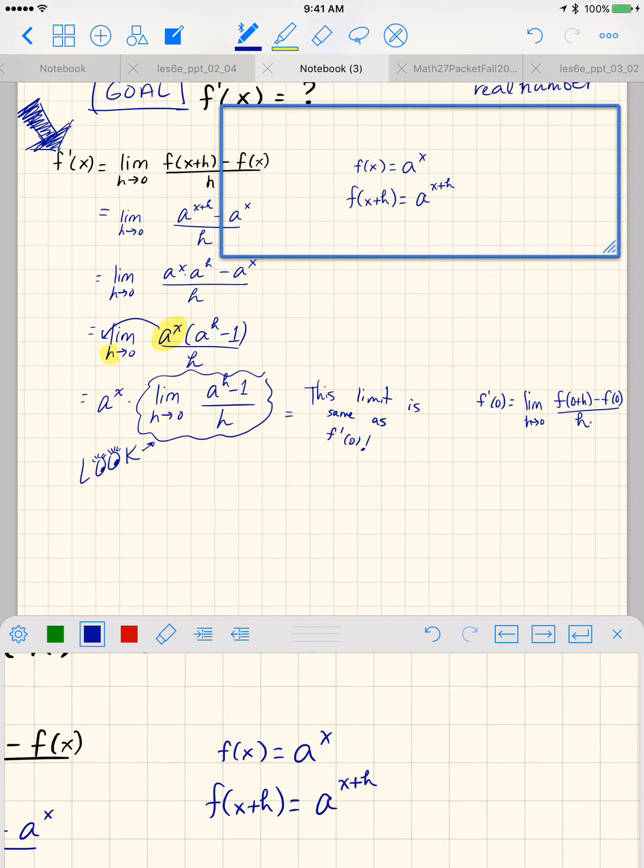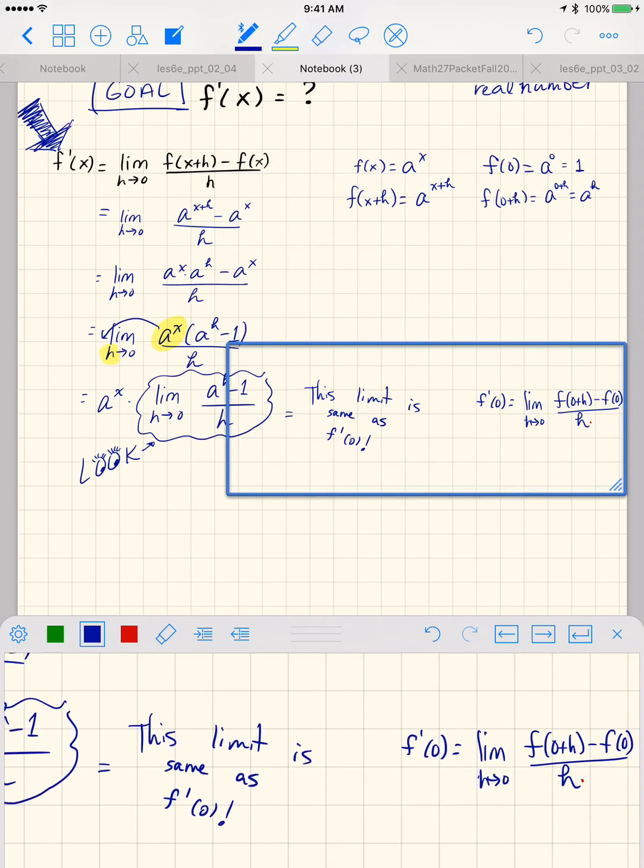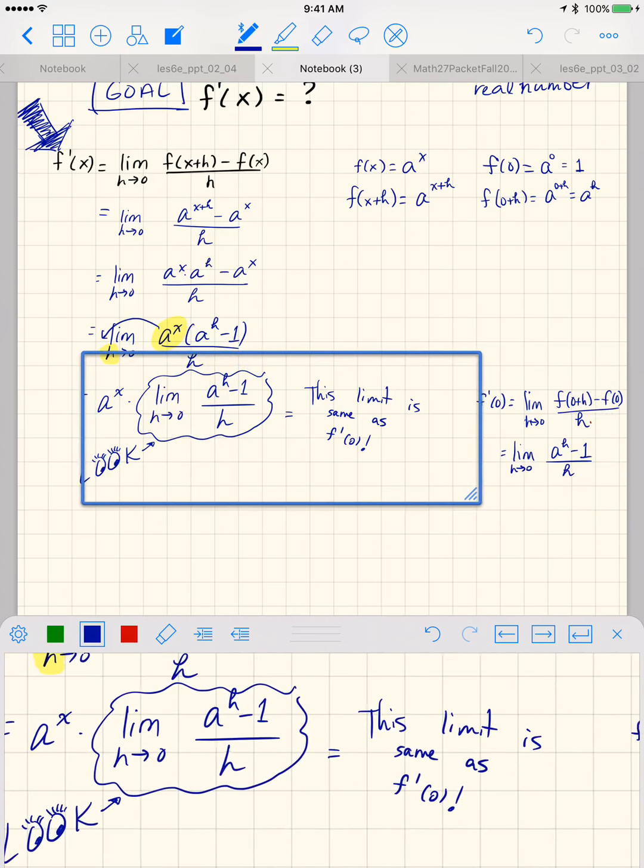Okay, so back up here, what is f of 0? If f of x is a to the x, f of 0 is a to the 0, which is equal to 1. And f of 0 plus h is going to be equal to a to the 0 plus h, which is a to the h. So we'll plug those in here, and we'll get the limit as h goes to 0 of a to the h minus 1 over h. And that's exactly what we have over here, right?